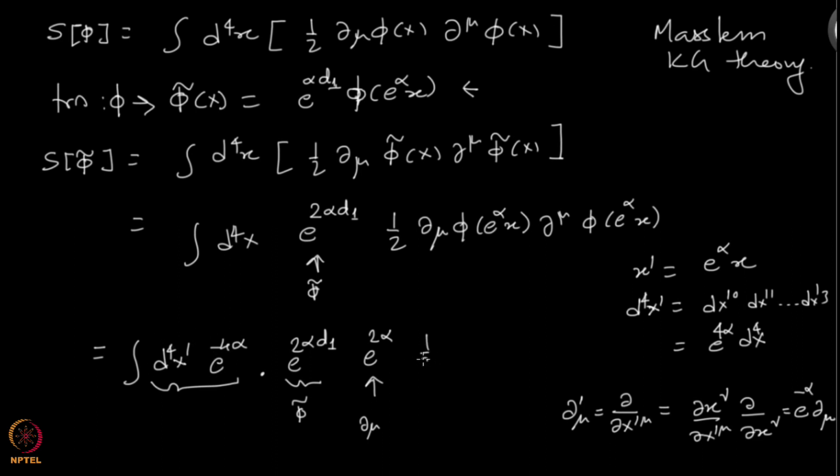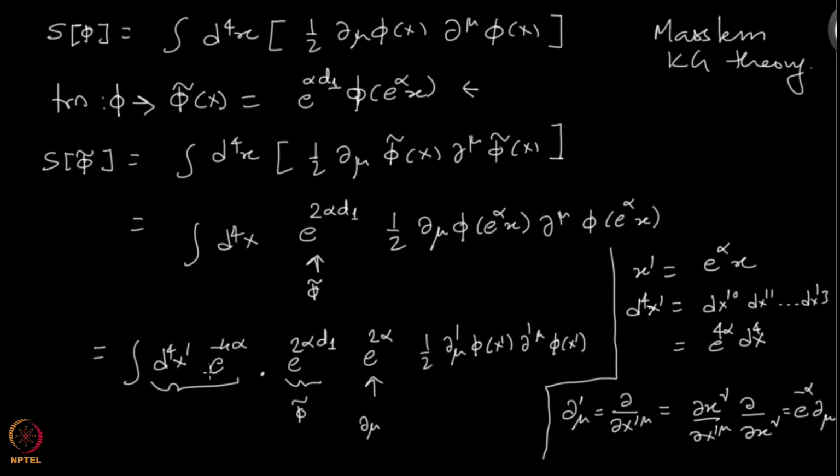So you get half del mu prime phi x prime del mu prime phi x prime. This together with these is your original action. If I rename prime to unprime, that's your S of phi.